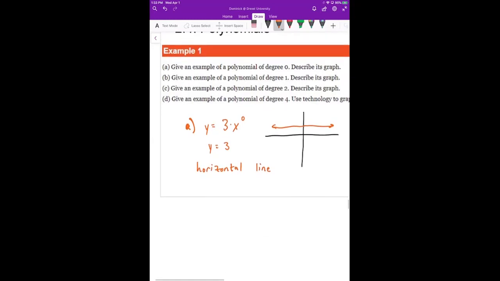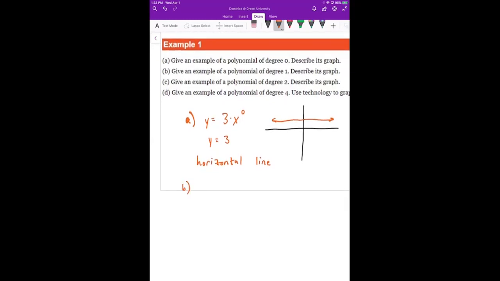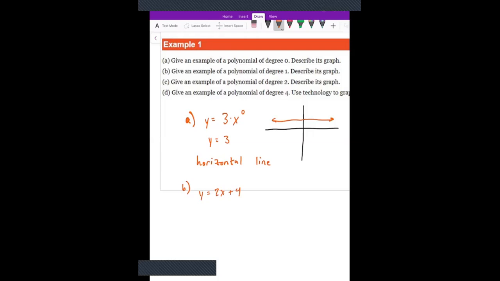Okay, now in part B, we could have something like a polynomial of degree 1, so we could have something like y equals 2x plus 4, or something like that. Now, we talked about how we could graph something like this. This is just an example of a line, right? So we could plot our y-intercept.